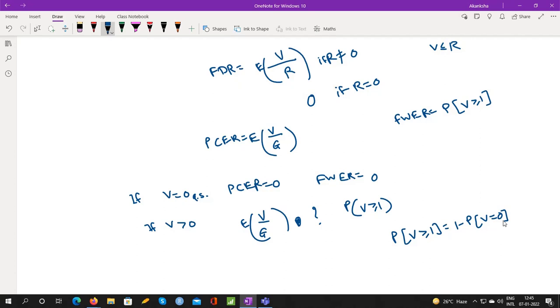If you want, you can find relationship between this and FDR also. That is also anyway on the table. So I want finally relationship with FDR also, so expectation of V by R also comes in the picture. If you can say something about that.